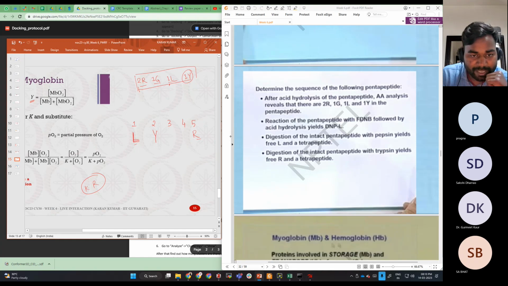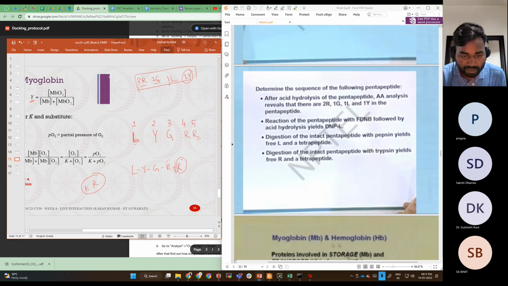And now what is remaining? G and R. Right. So these two R will be on the rightmost side. Okay. And one G will be here. So your pentapeptide is L, Y, G, R, R. Where will the digestion of trypsin occur? It will occur here, at this R terminal.